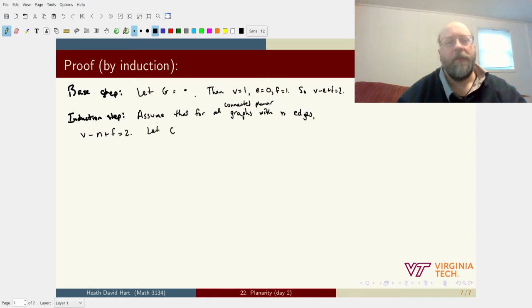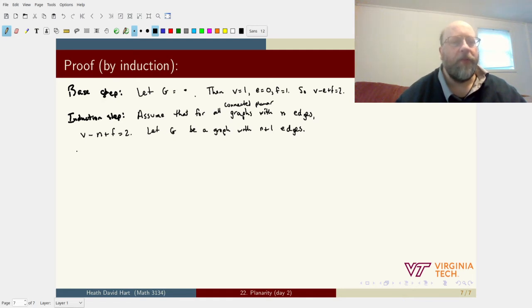Let G be a graph with n plus 1 edges. Okay. So now we want to show that this formula also holds for this graph.